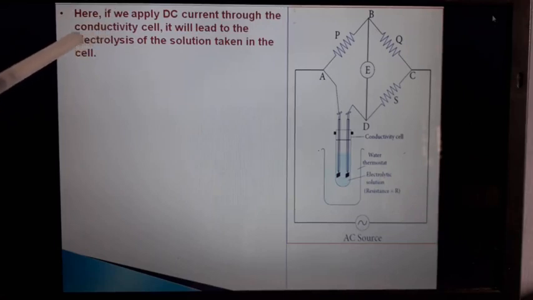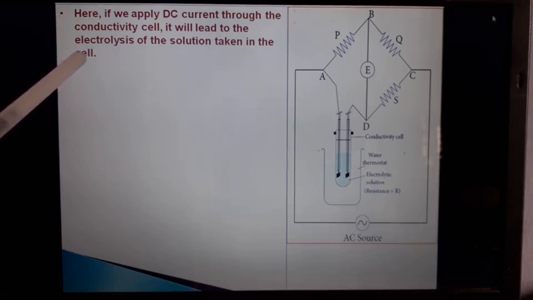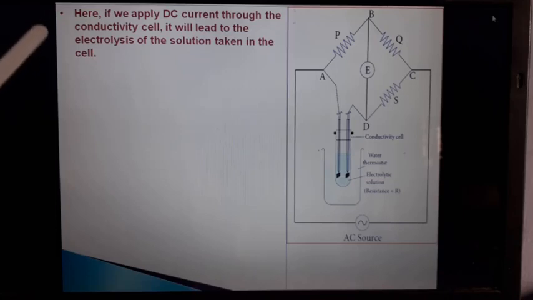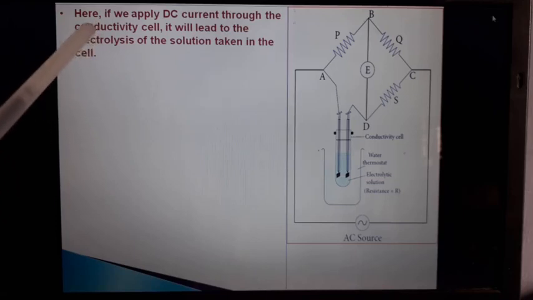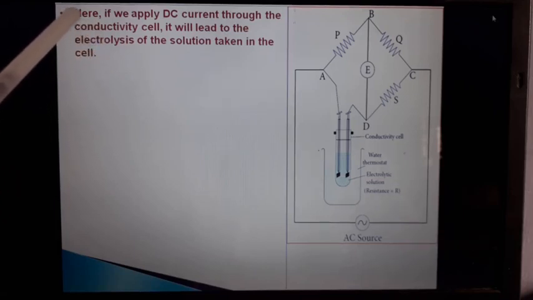If you supply DC current through the conductivity cell, it will lead to electrolysis of the solution taken in the cell. Underline this, because it is an important question. AC current is used, not DC.